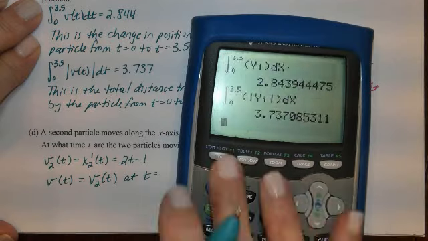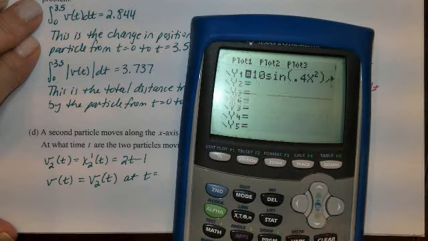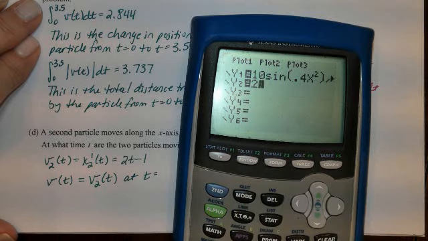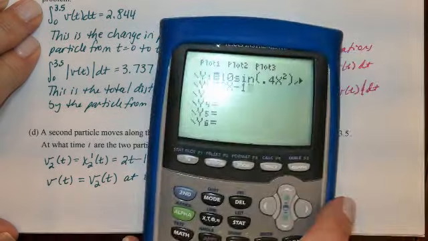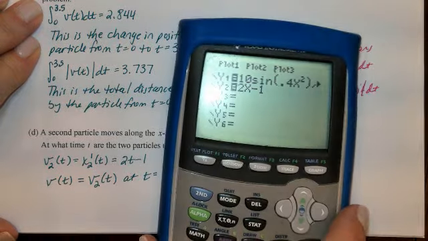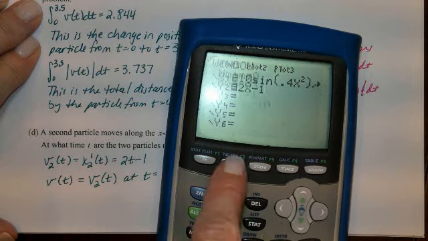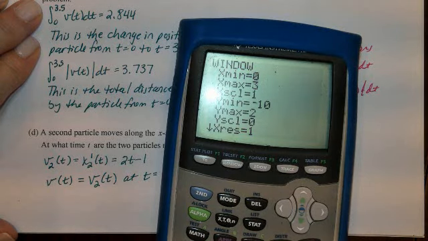So I'm going to come up here to my y equals, and put the other velocity in here. Make sure I did that little derivative right. And we're going from 0 to 3.5. I don't know what my y should be.